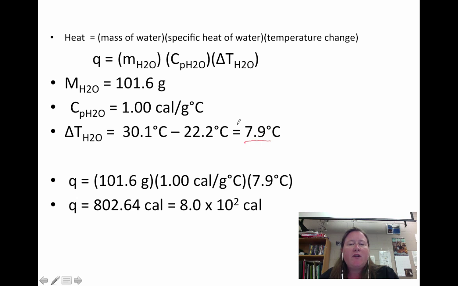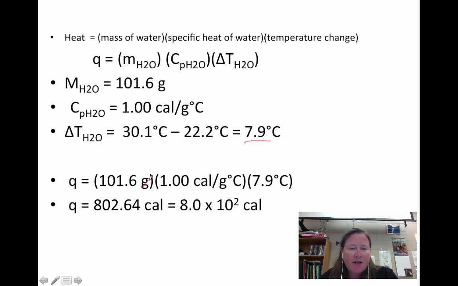So when we plug these numbers into that calculation, Q, or heat, which is going to be in calories, is 101.6 grams times 1.00 calorie per gram per degree Celsius times 7.9 degrees Celsius. Now, when we do this calculation, we do have some unit cancellation.